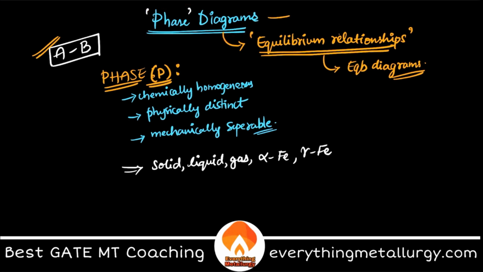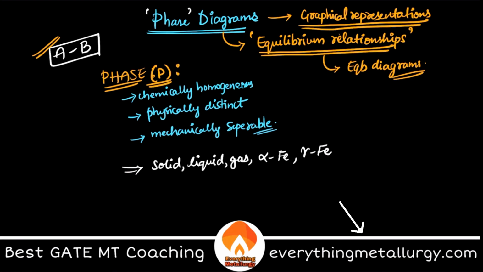So a phase diagram is nothing but a graphical representation explaining the equilibrium conditions between two phases, or maybe two or more phases also. Okay, so that is the main crux or fundamental meaning of what is a phase diagram or an equilibrium diagram.